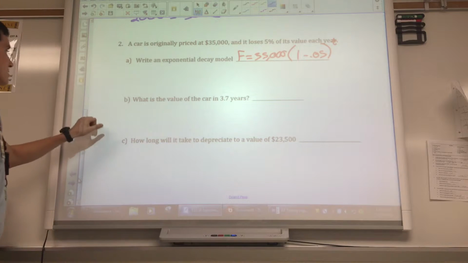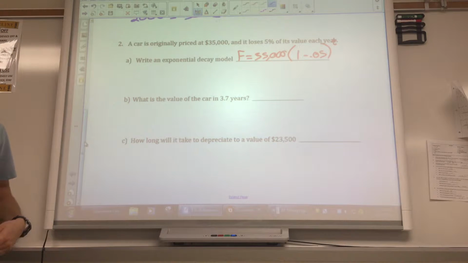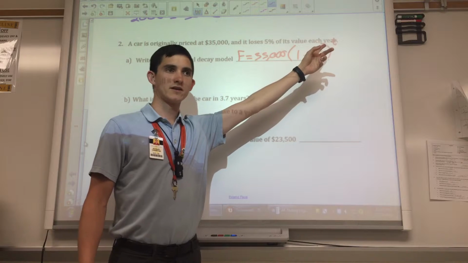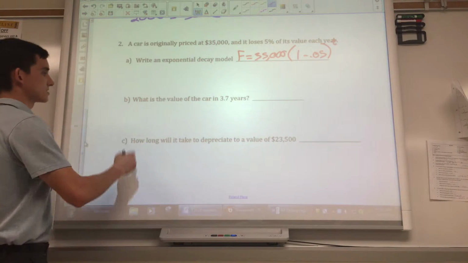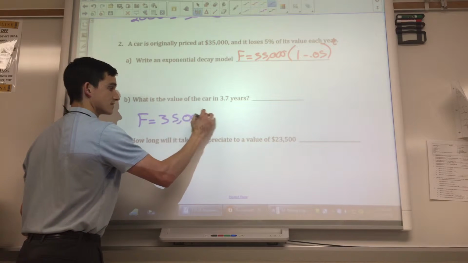Let's keep going with this. What is the value of the car in 3.7 years? This is a great question. Can we solve this? Yeah, because now we're not dealing with solving for something that's in the exponent, right? We're given the exponent. The exponent is going to be 3.7. So the question is now, what's the future value if the car starts at $35,000?